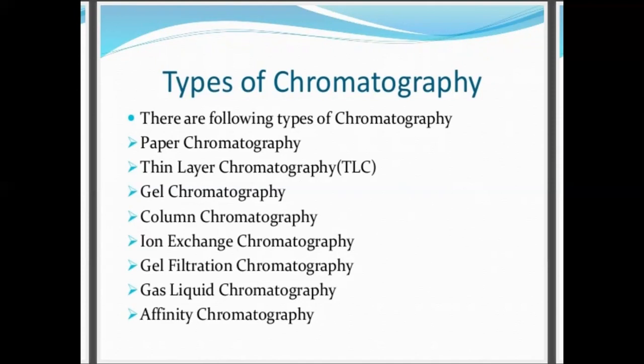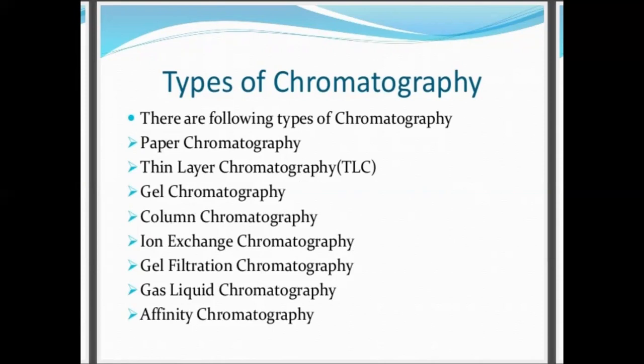And you have even ion exchange chromatography. The charged molecules in the sample get separated by electrostatic attractions when passed through the resin. Three types of matrices can be used in ion exchange: ion exchange resin, ion exchange cellulose, and ion exchange gel.